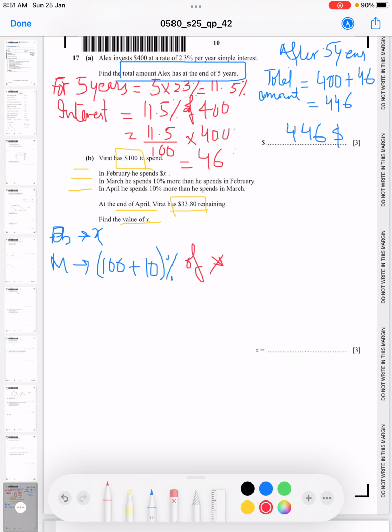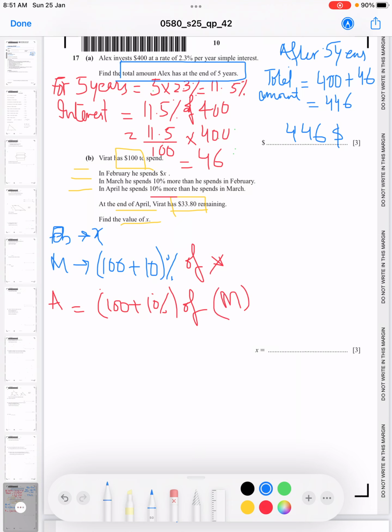Then April: in April he spent again 10% more, meaning 100 plus 10% of what he spent in March, not of x, not February, but March. I will solve it one by one.